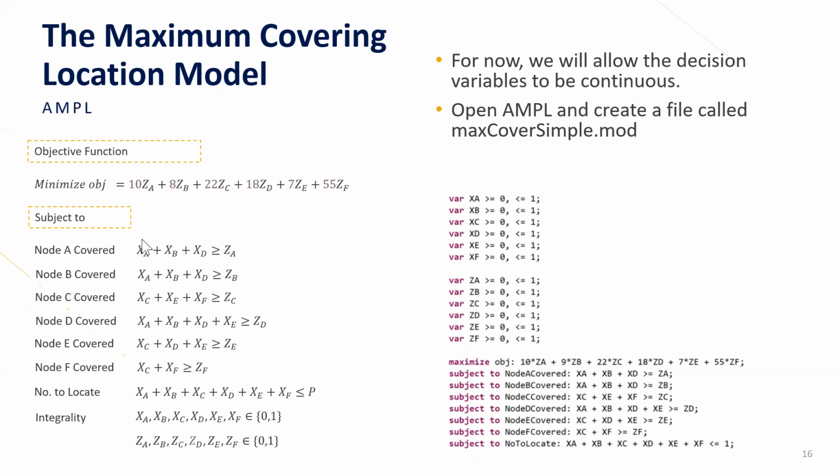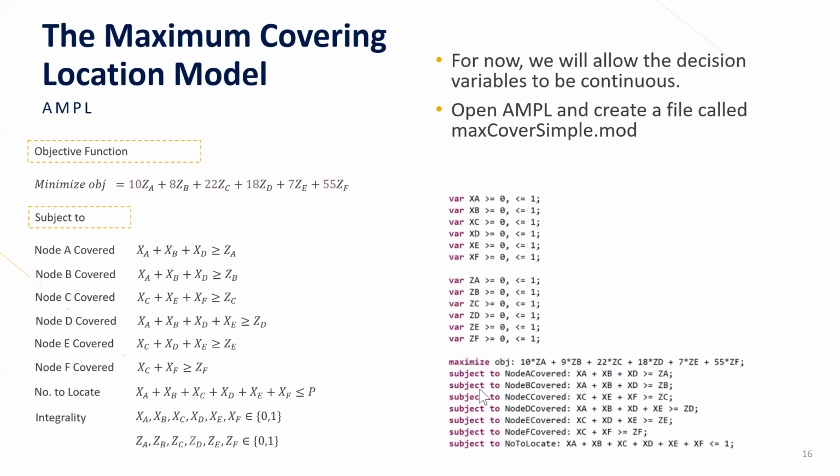X and Z. XA, XB, XC, XD, XE, XF, and then ZA until ZF. For now, we will allow the decision variables to be continuous. Here, XA greater than or equal to 0, and less than or equal to 1. This is just an example. But actually it should be binary, right? Later we will change it to binary.